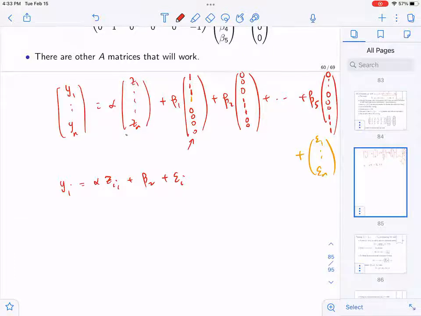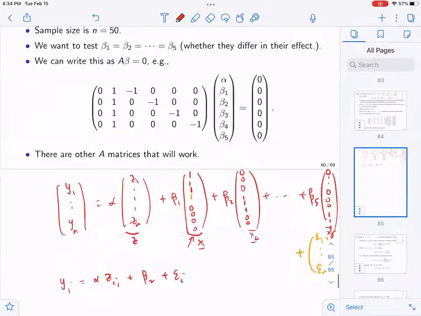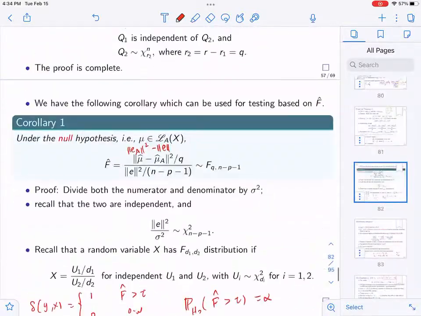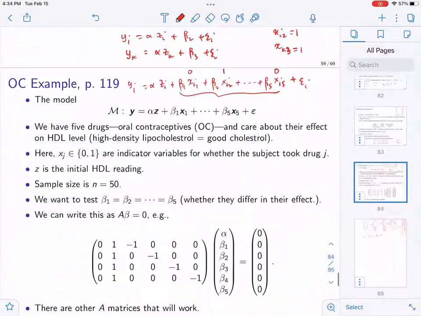So now I have one continuous covariate and these indicator dummy covariates, 5 of them. But now this is a perfectly fine regression model. You don't care about the structure of the covariates, just that I have 6 covariates. There's no intercept because we didn't need it in this model.